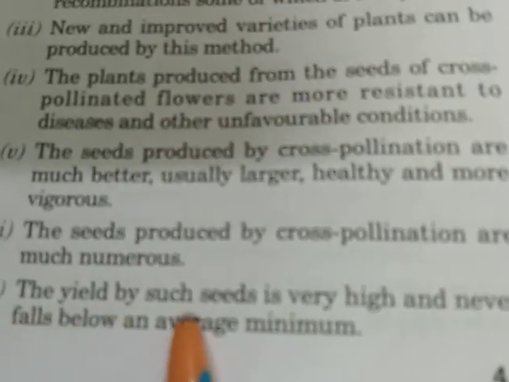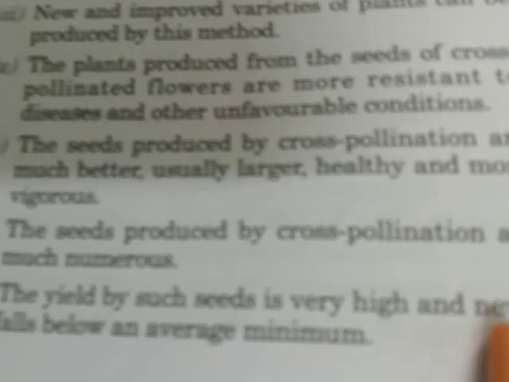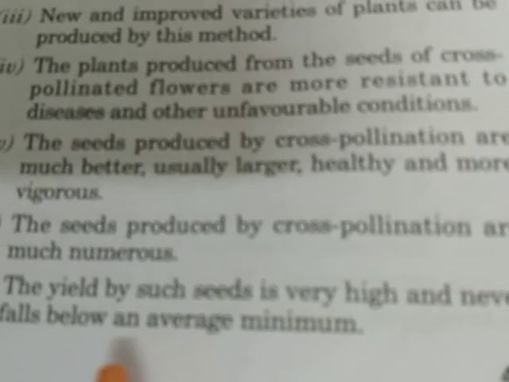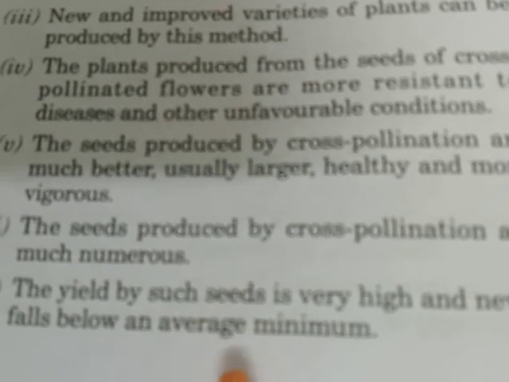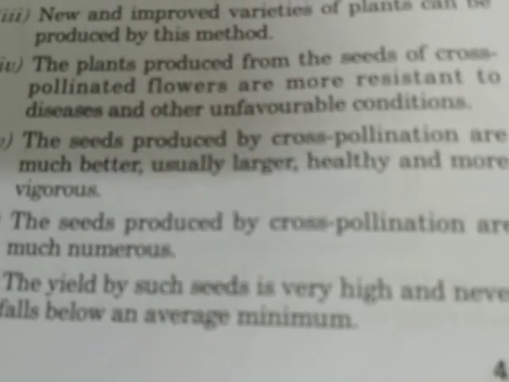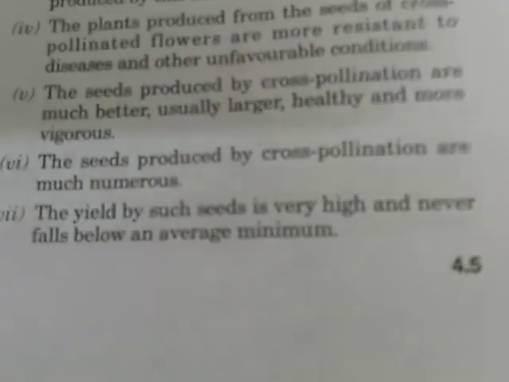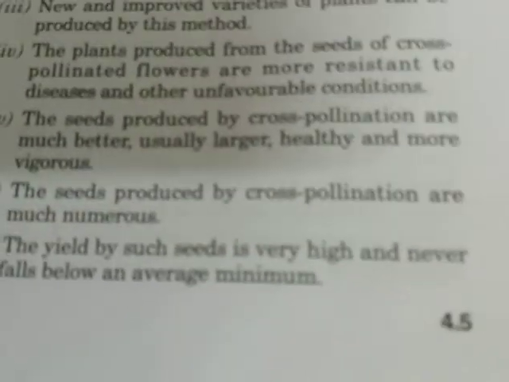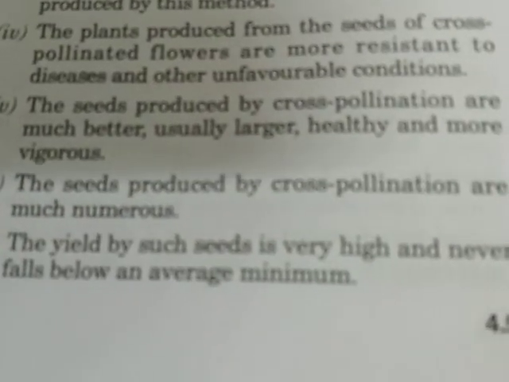The yield of such seed is very high and never falls below an average minimum. In self pollination, you have seen that after a certain time the yield starts decreasing, but here the yield never falls below an average minimum.